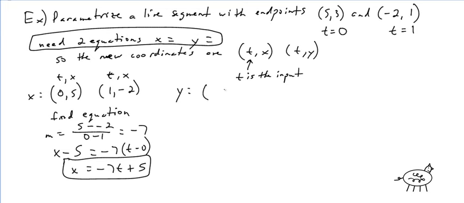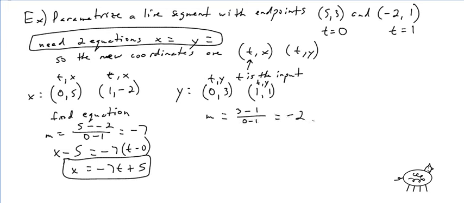Again, we're going to put it in a coordinate. It's going to be (0, 3) for our t comma y, and the other point is going to be (1, 1) for our t comma y. Doing the same thing, we're going to find the equation, and m is equal to 3 minus 1 over 0 minus 1.